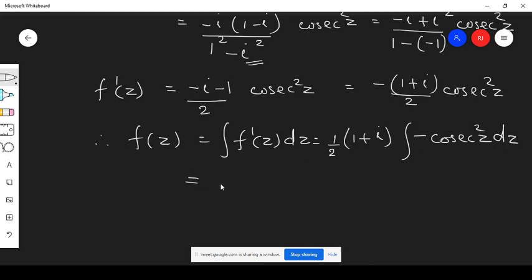Write in the chat box what is the answer of the integral of minus cosec square. Yeah, very good. Into cot z plus c. Hence, you got the answer.